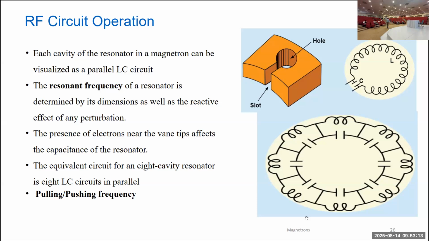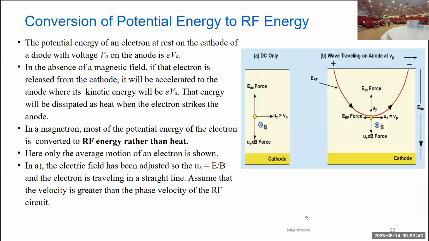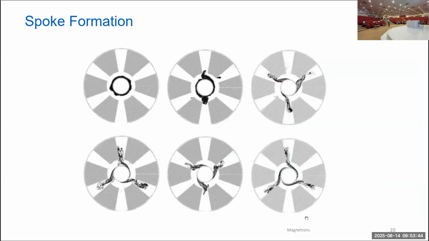Is the spoke an unwanted action, isn't it? No, the spoke is a wanted action. You want to increase the space charge density by bunching the electrons, to get the microwave power.